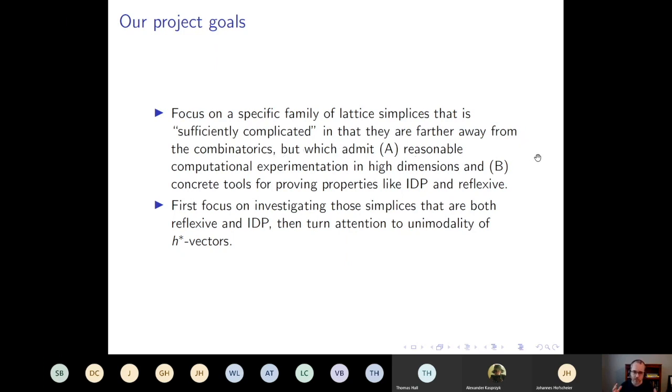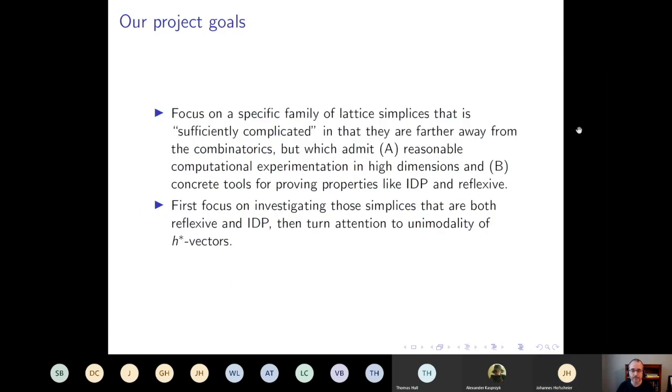We're not just looking at combinatorially defined lattice polytopes, but where these simplices admit reasonable computational experimentation in high dimensions, and also do admit concrete tools for proving properties like IDP and reflexive. And so the structure of the talk kind of mirrors the structure of how we've been going about this, which is we first want to investigate the reflexive and IDP properties for these simplices, especially their intersection, and then kind of turn our attention to unimodality questions.